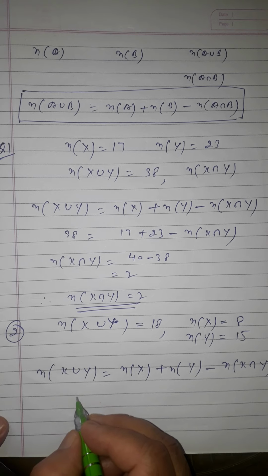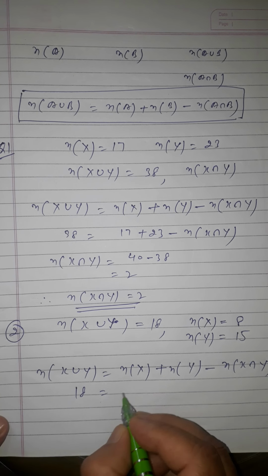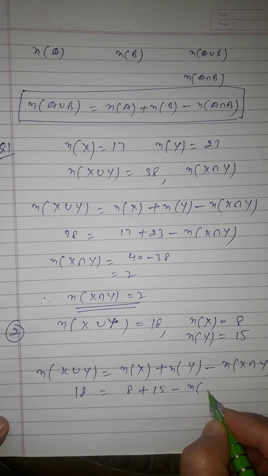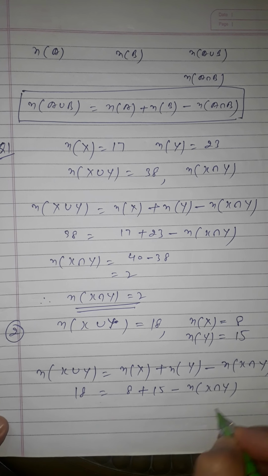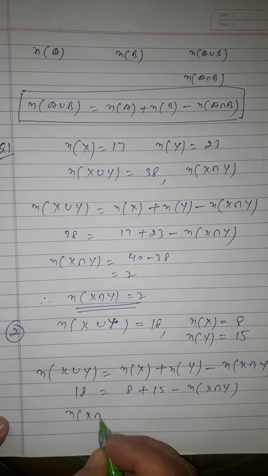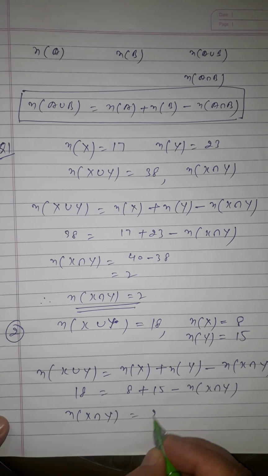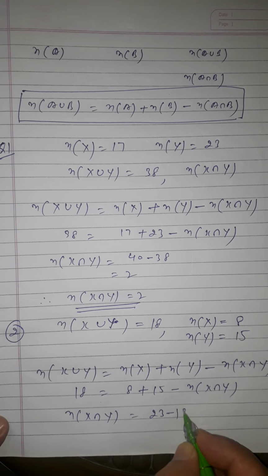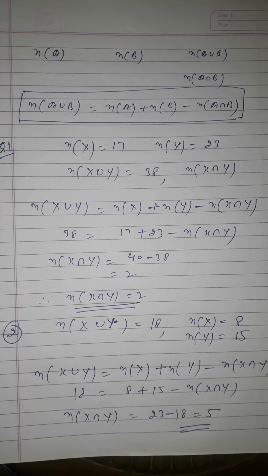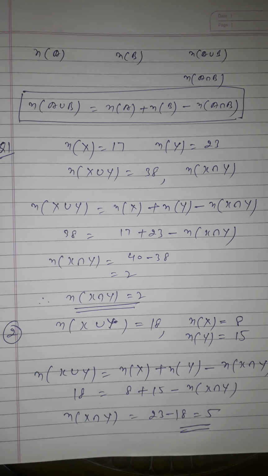This union that is given as 18 is equal to 8 plus 15 minus their intersection. Now students, what you will get, n of x intersection y is equal to 23 minus 18, that is equal to 5. Now in this question, what you can say, students, the number of the elements of x intersection y will come as equal to 5.